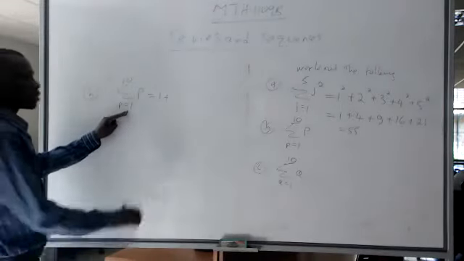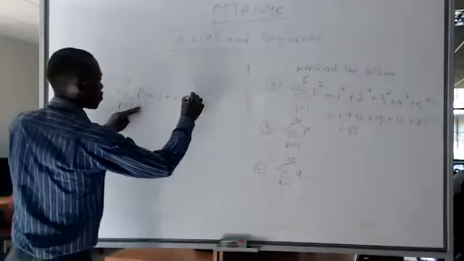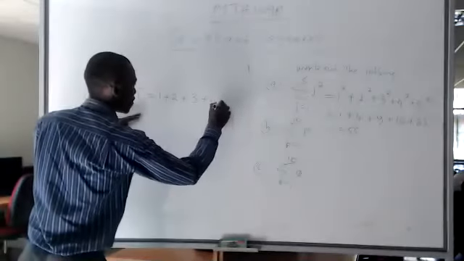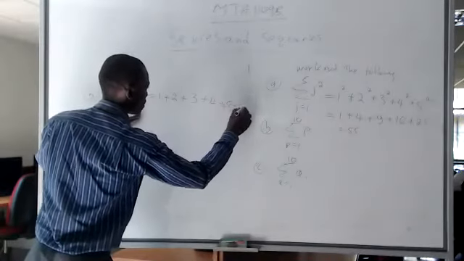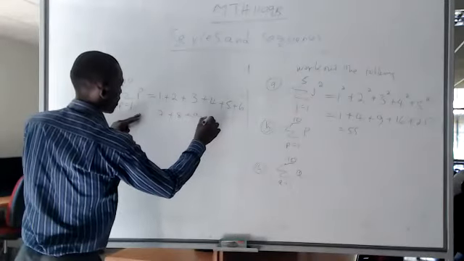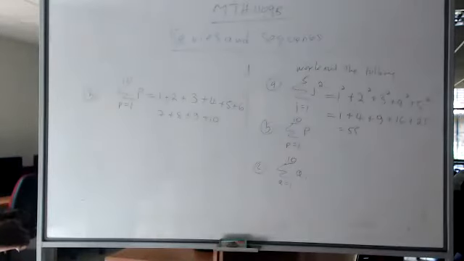At p is 2, we're adding 2. At p is 3, we are adding 3. At p is 4, we are adding 4, all the way 5, 6, 7, 8, 9, up to 10.